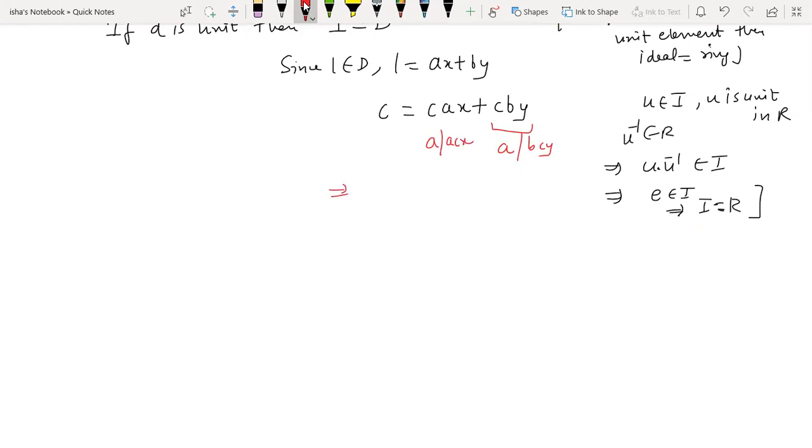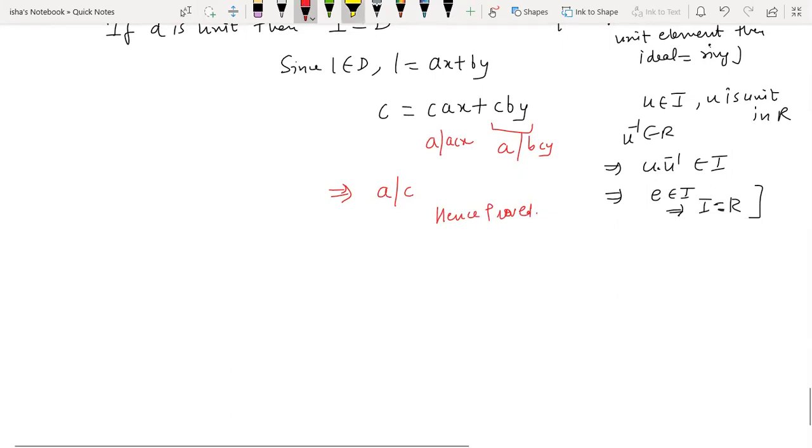So it implies A divides C, because A is dividing the right hand side, so A is dividing the left hand side also. So hence proved in this particular case. That is what we wanted to prove, that if A divides BC, it should divide either B or C. So we proved A divides C, right?